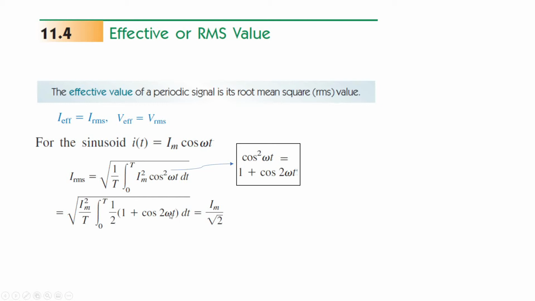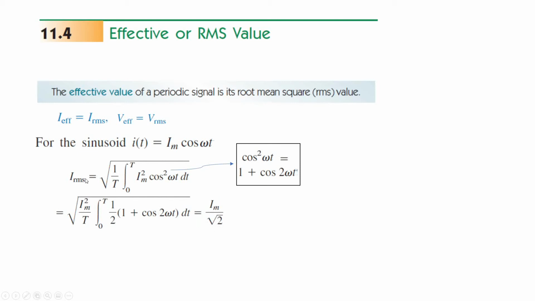We know from lecture 7 that the integral of cos 2 omega t over the interval 0 to capital T is 0, and therefore we end up with this final term, Im divided by root 2.